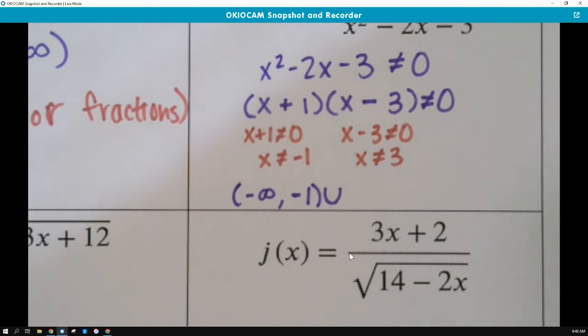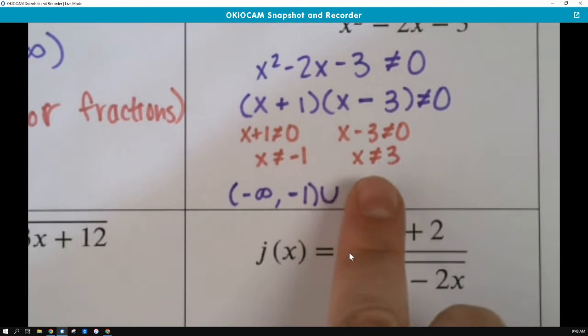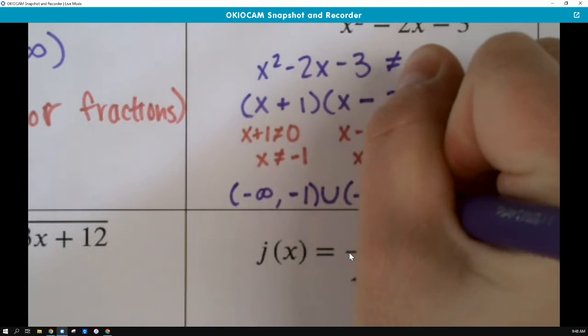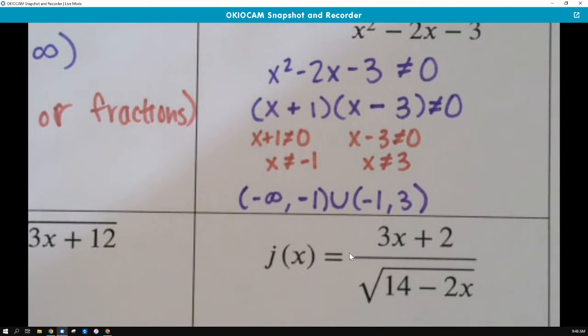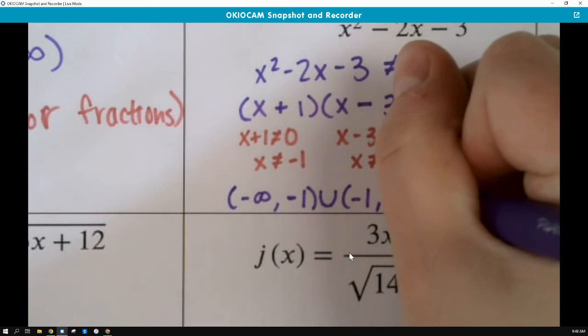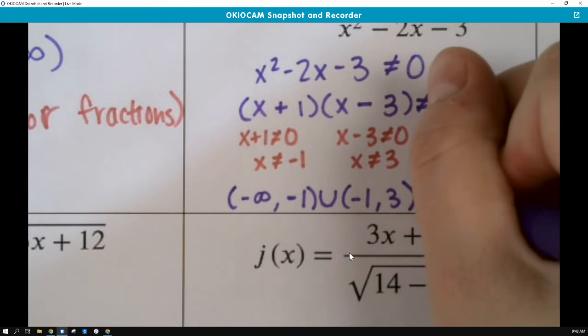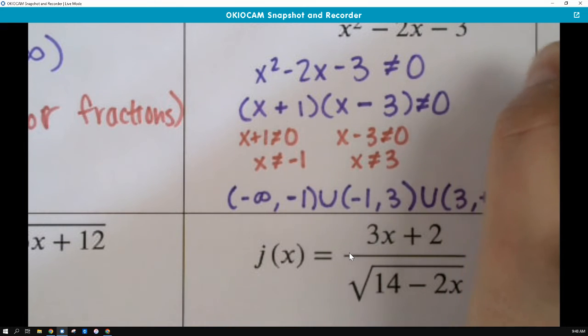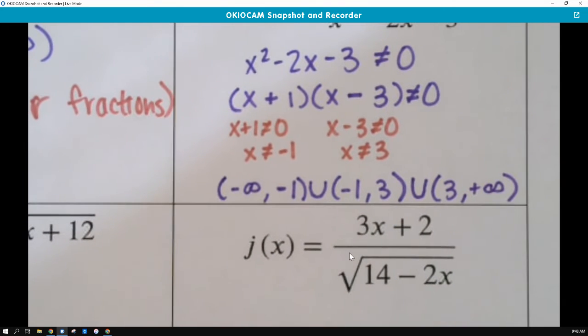And I'm going to do another little chunk from -1 to +3. Because I can be any numbers in between those. But I can't be 3. So I'm going to do another union symbol. And then I can go from 3 to +infinity. And this would be my domain.